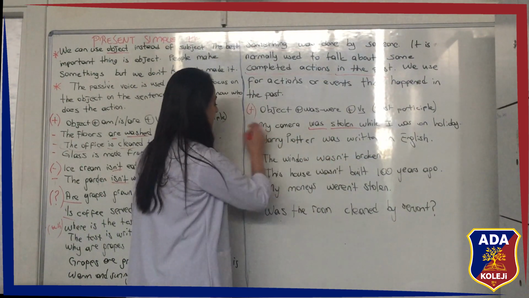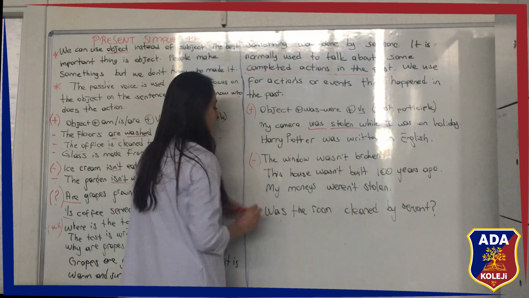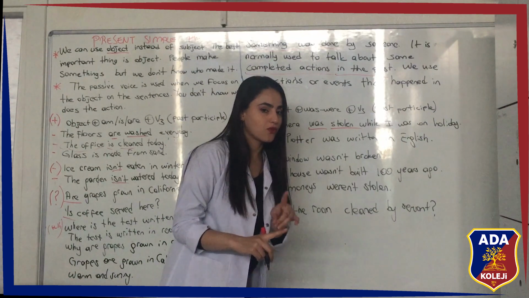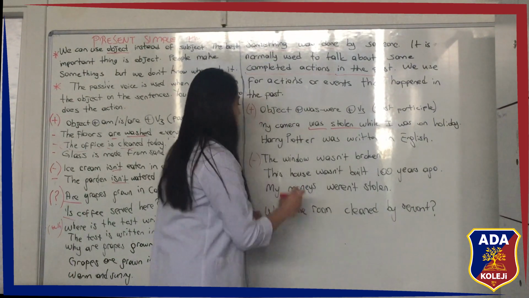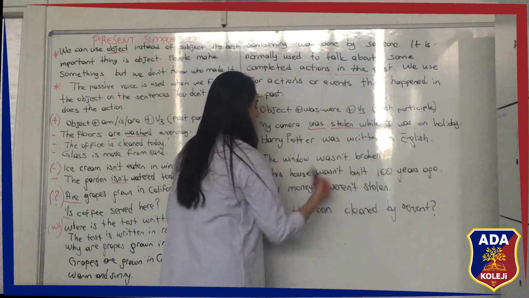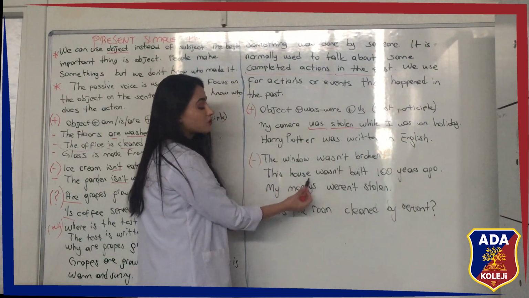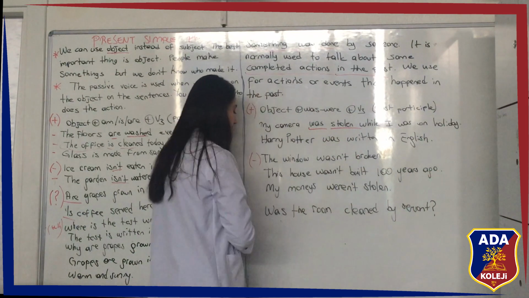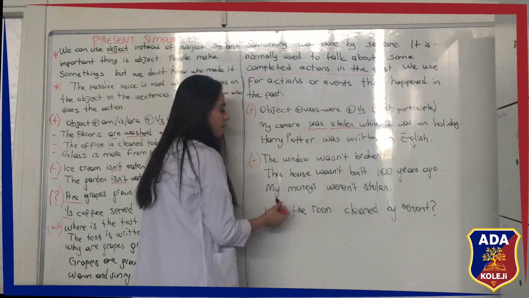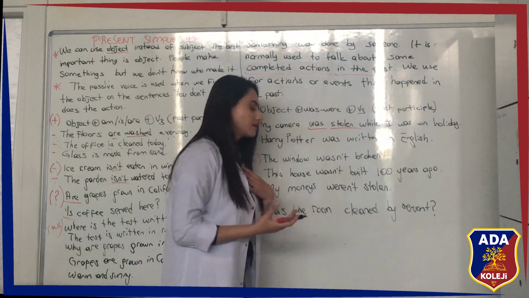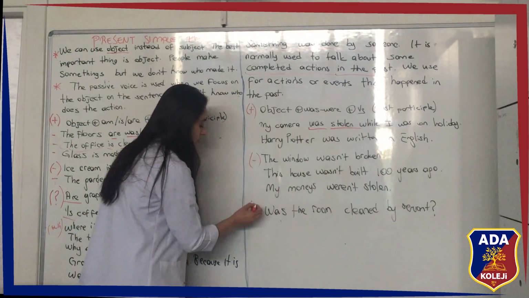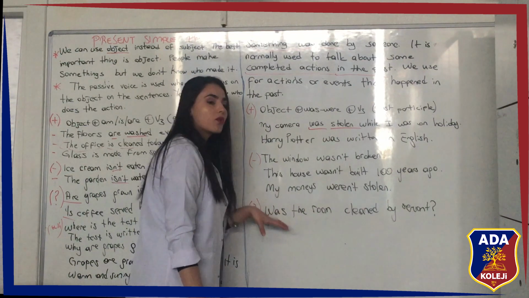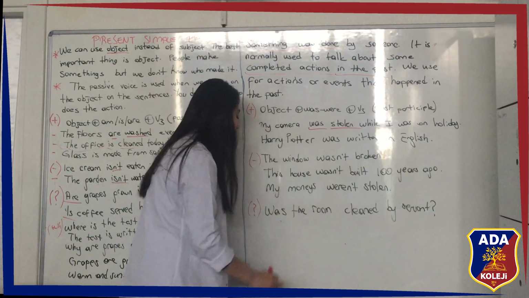This part is affirmative, but for the negative part, you can use wasn't or weren't. Okay, don't forget wasn't or weren't. The window wasn't broken. This house wasn't built 100 years ago. Okay, or my money was stolen. Now in this question you will use was or were at the beginning of the sentence.